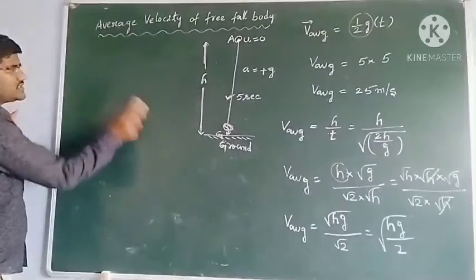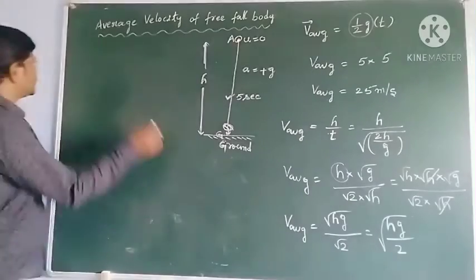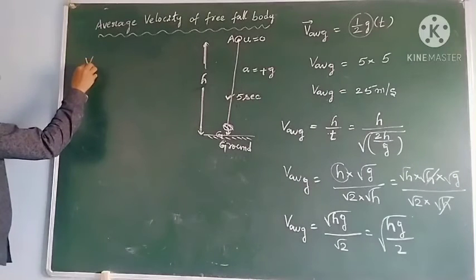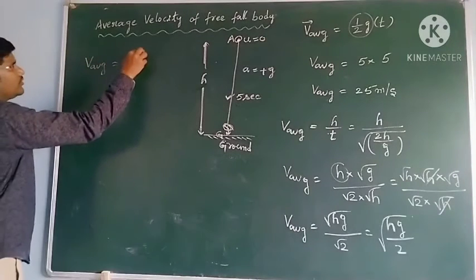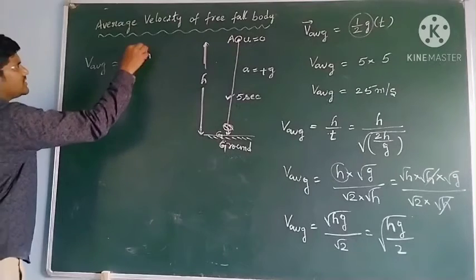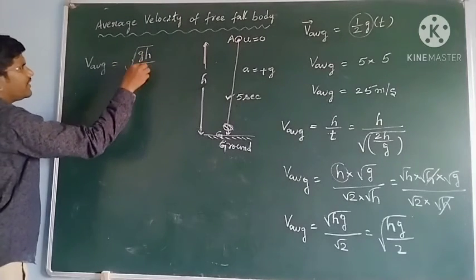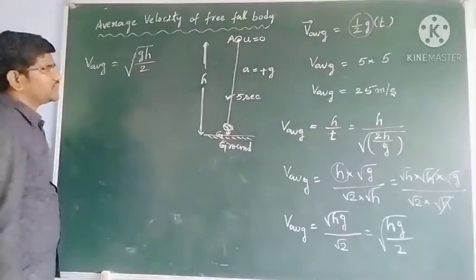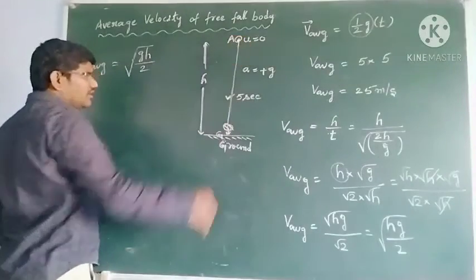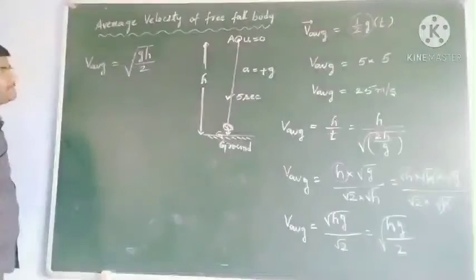Okay students, for example, V average is like this: root gh by 2 is the formula we have. Okay students, the average velocity of an object is given.